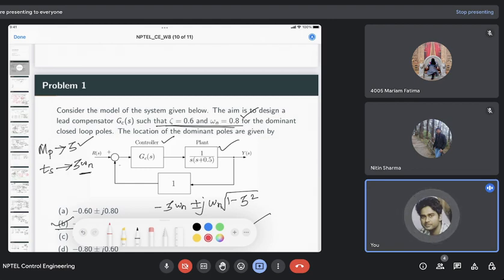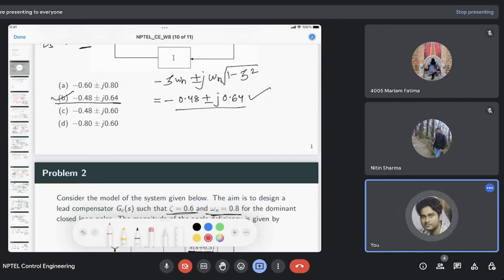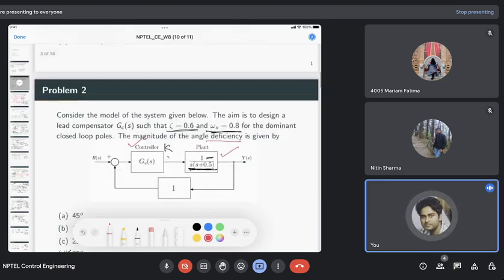The transient specification will be given by some parameter like maximum overshoot or settling time. These are the commonly given ones. Once maximum overshoot and settling time are given, we can always compute the damping factor and the natural frequency by this formula, because your maximum overshoot is related to zeta and your settling time is related to zeta omega n, right?